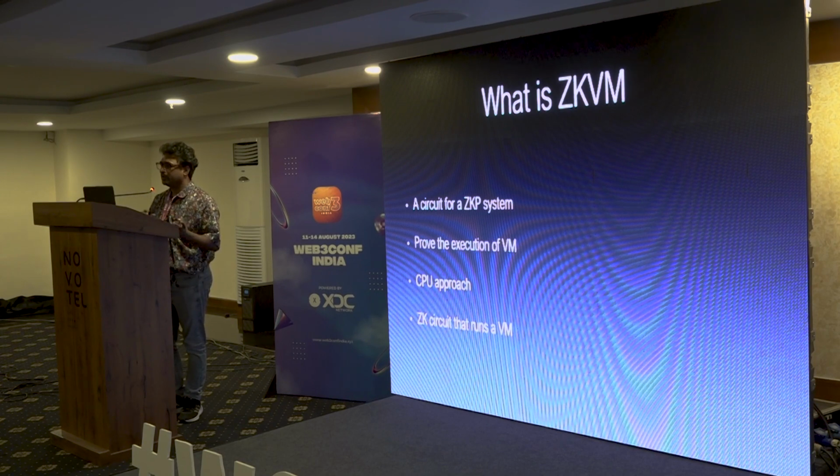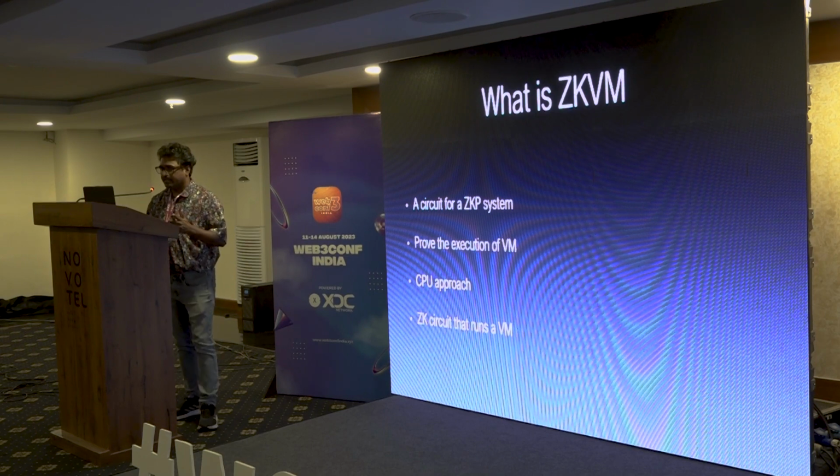Zero knowledge proofs also help us do off-chain computation, allowing us to prove the computation, take the computation off-chain and put only the proof on-chain. That is one way. And zkEVM, as I said, is a circuit.